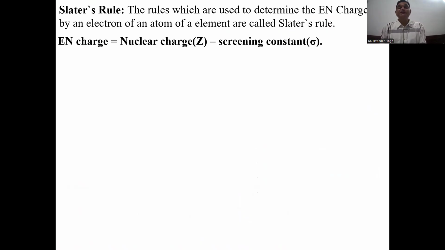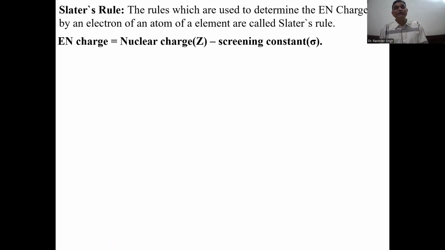The effective nuclear charge is equal to the nuclear charge minus the screening constant. The screening constant means how much screening is caused by the intervening electrons. Subtracting that from the actual nuclear charge, the remainder is called the effective nuclear charge.